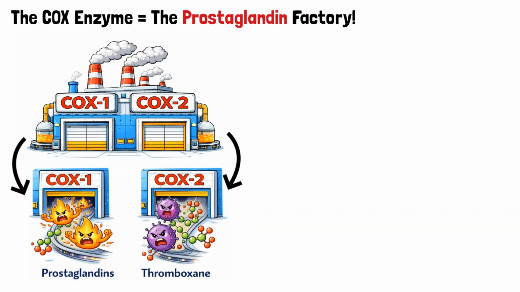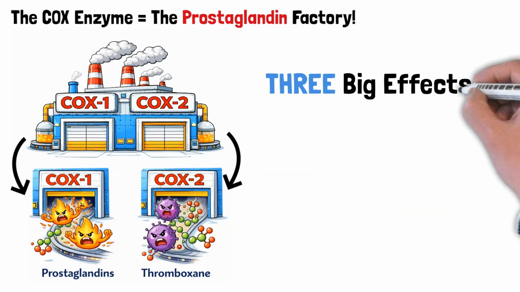So basically, these enzymes help create prostaglandins. It also helps create something called thromboxane, which is also part of the inflammation pathway we'll talk about later. But basically, you just need to know this. You have these COX enzymes that are throughout your body that help create these pro-inflammatory signals like prostaglandins and thromboxane.